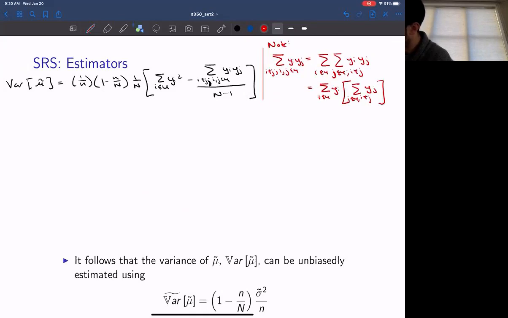And then this second term here. Okay, so this term here can be written as, so the sum, or actually I don't need the blue underline here.